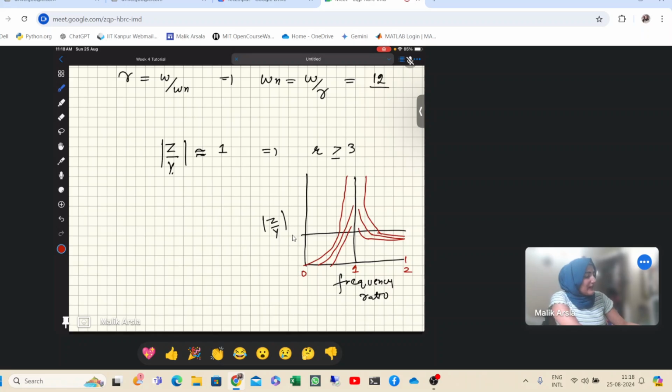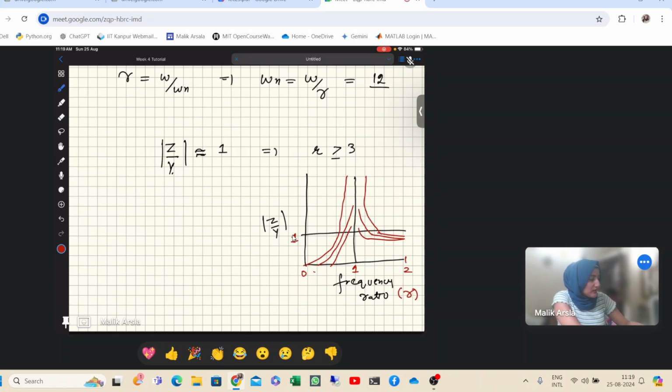What you see is that as we increase the value of frequency ratio or simply R, this Z by Y tends to 1. Here it is 1, so at 3 exactly it is equal to 1. So we will not choose any value of R less than this.